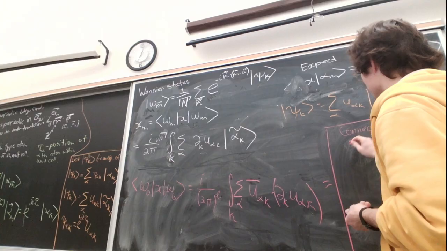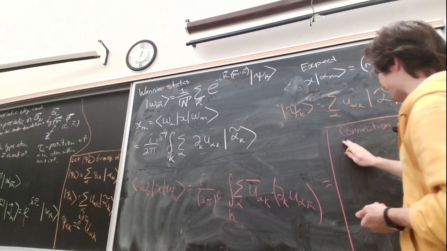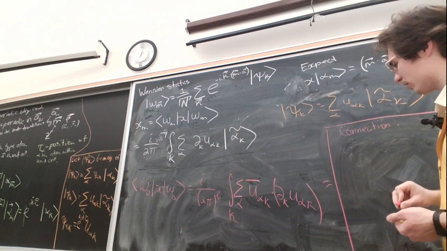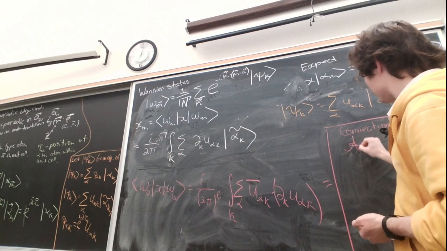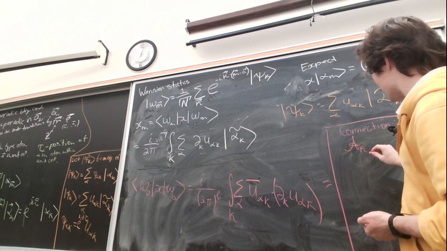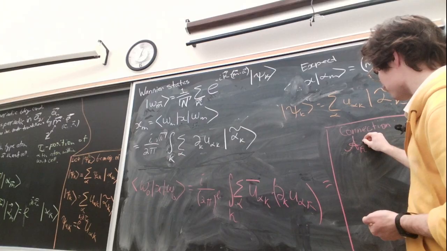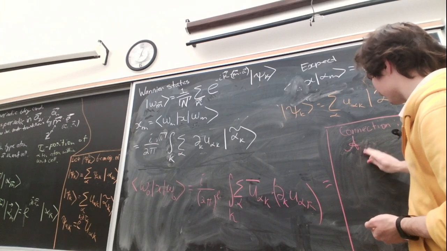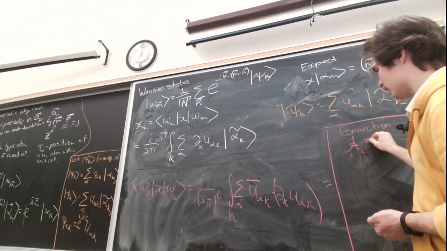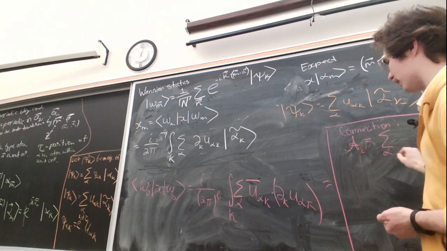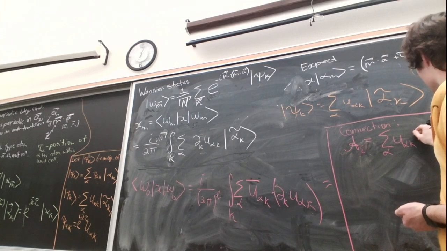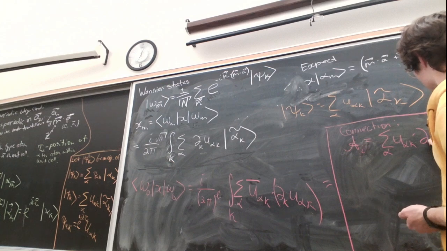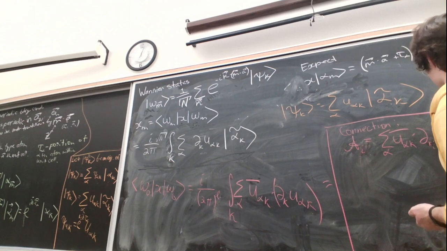In physics, people write that A_i is equal to the sum over alpha, u alpha k, times partial k_i, this has a bar, u alpha k.